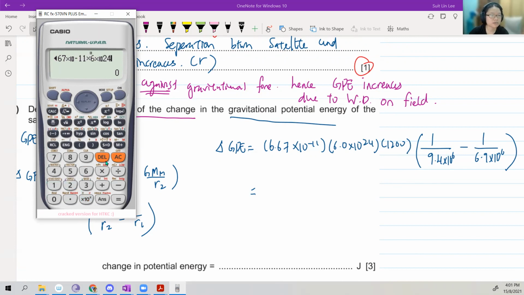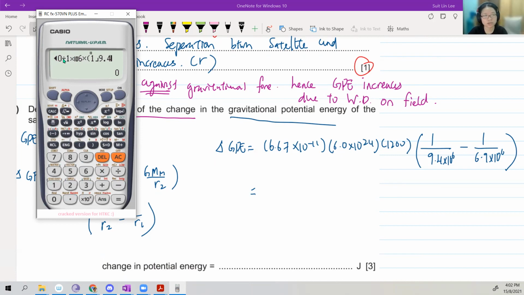6 times 24 times 1200. So when I say pull out, I mean factorize 10 to the power of 6 in your calculator. Divide by 1e6. Minus, multiply. Okay. 1 over 9.4, because I factorize out the 10 to the power of 6.